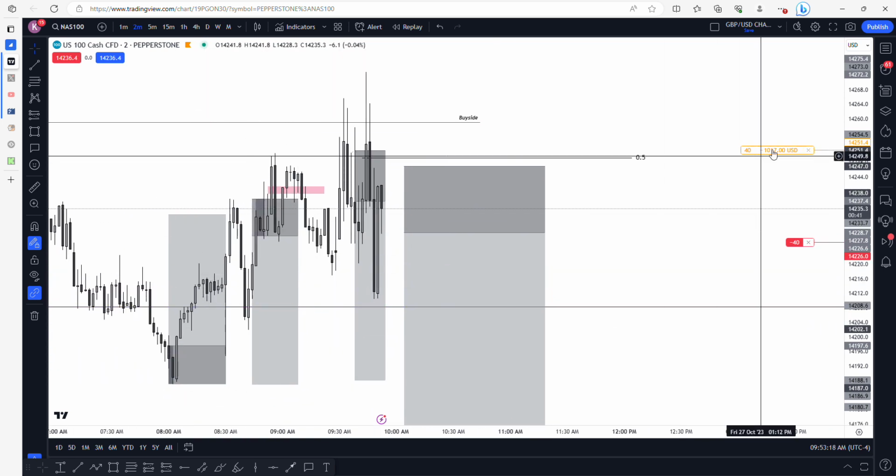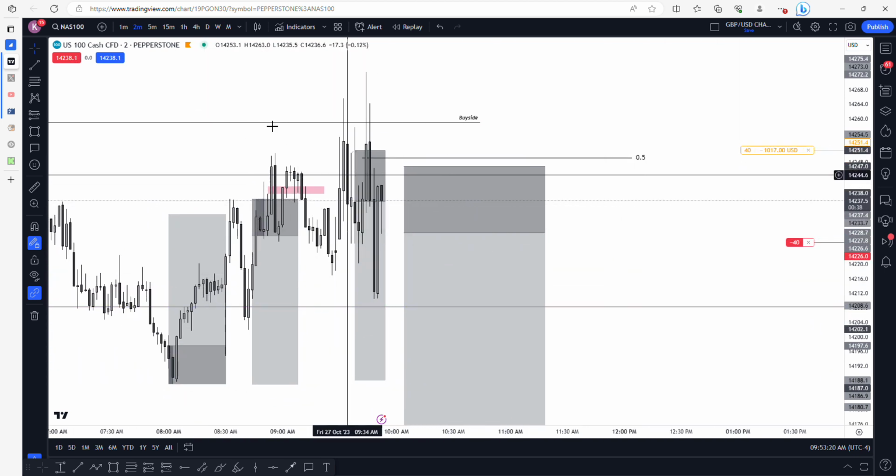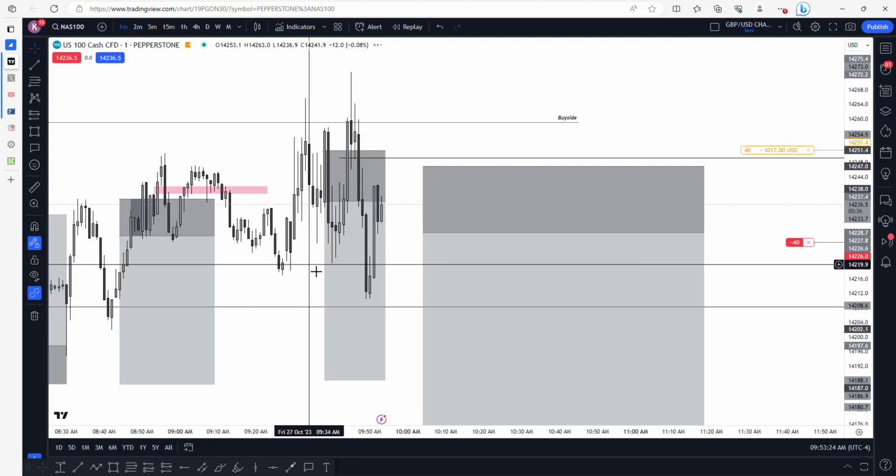So break this low, stops just above structure. That fair value really should stay open though, because there's so many PD arrays in the area we're in right now.